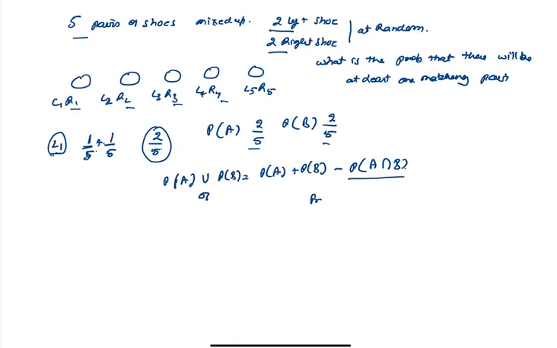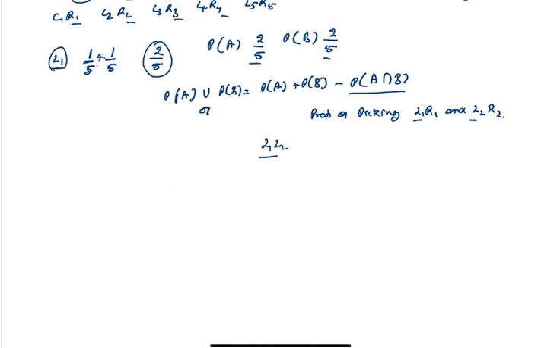This is the probability of picking L1 R1 and L2 R2. Now what possible combinations can there be if we pick L1 and L2? So suppose we pick two left shoes, L1 and L2. What possible combinations can we have?